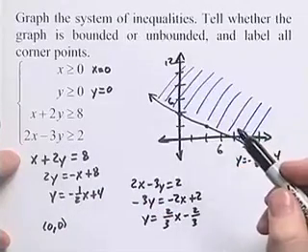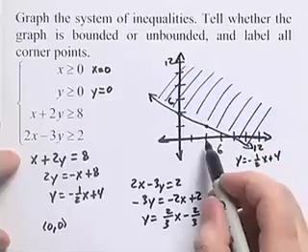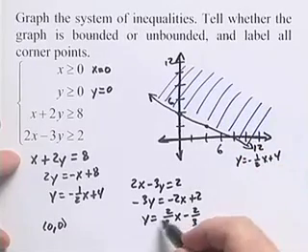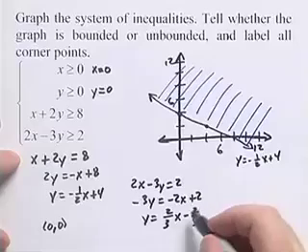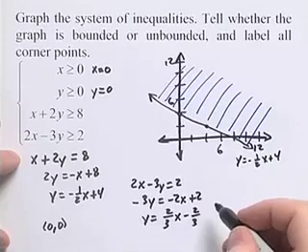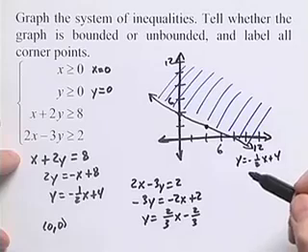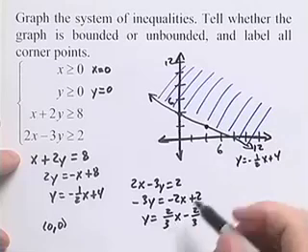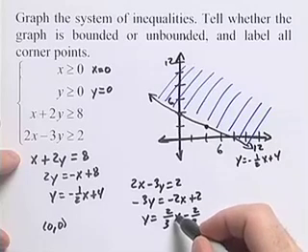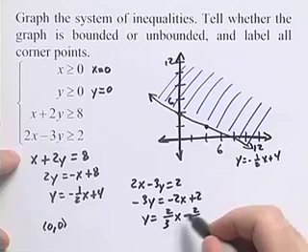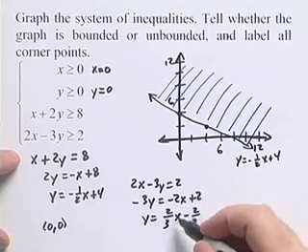We need to pick 2 points. We might go ahead and pick 4. If x is 4, we'll get y is equal to 8/3 minus 2/3, which is 6/3, which reduces to 2. So at 4, 2, we get this point right there. If we go ahead and pick 6, 6 times 2/3 will give us 4. 4 minus 2/3, 4 is roughly 12/3.